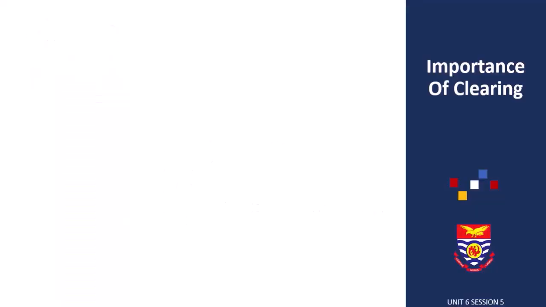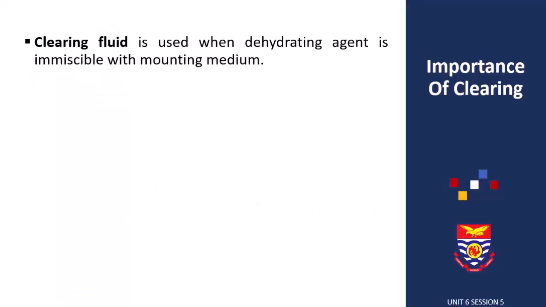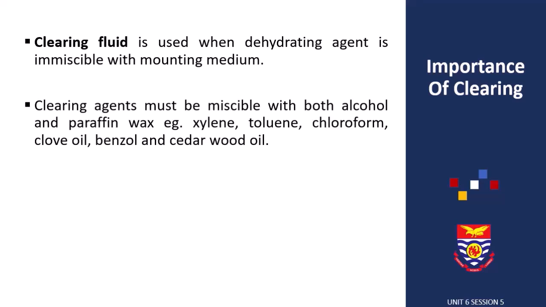When the dehydrating agent and the mounting medium are not miscible, there is an intermediate fluid that is used, and this fluid is the clearing fluid. Such a clearing fluid is able to dissolve or mix with both alcohol and paraffin.